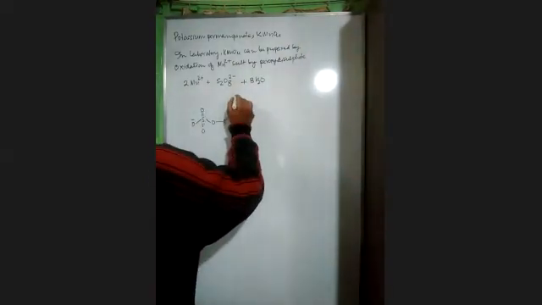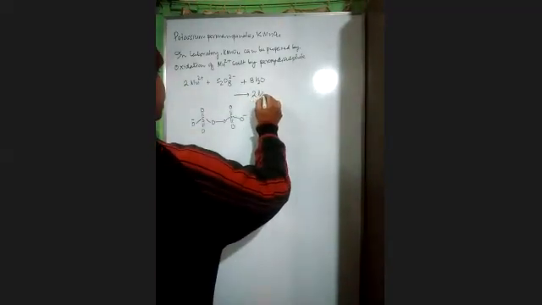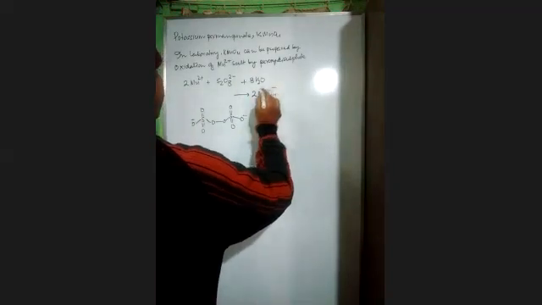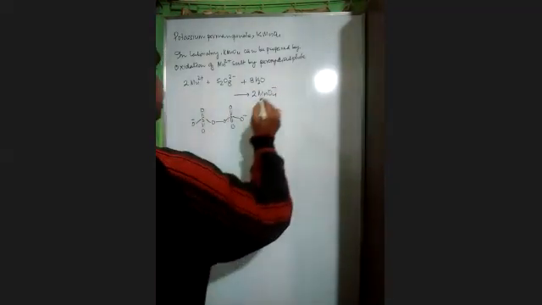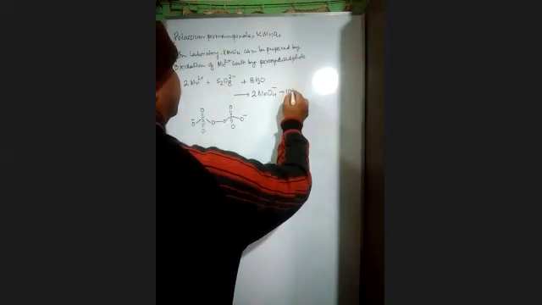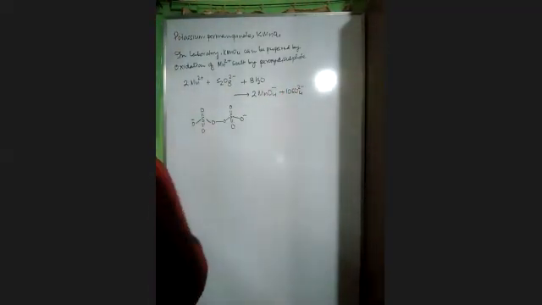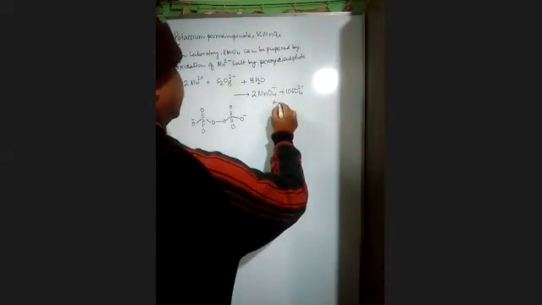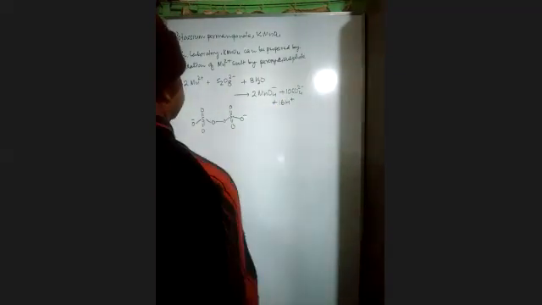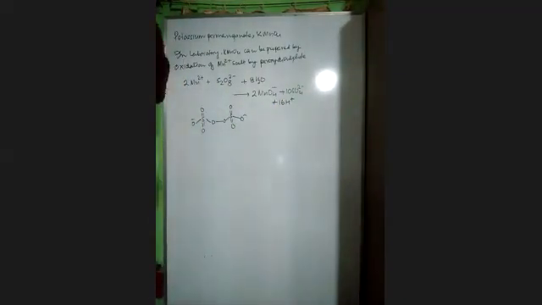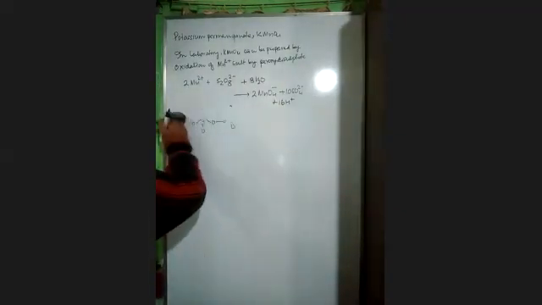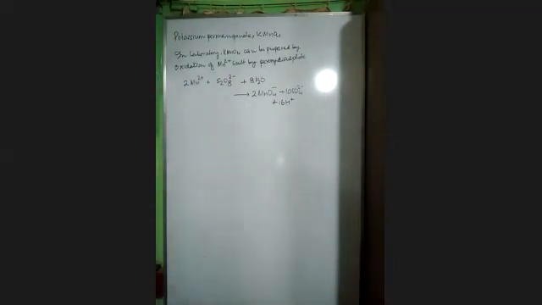So it will give you 2 MnO4- plus 10 sulfate plus 16H+. So this way, it can also be oxidized by red lead, or sodium bismuthate.